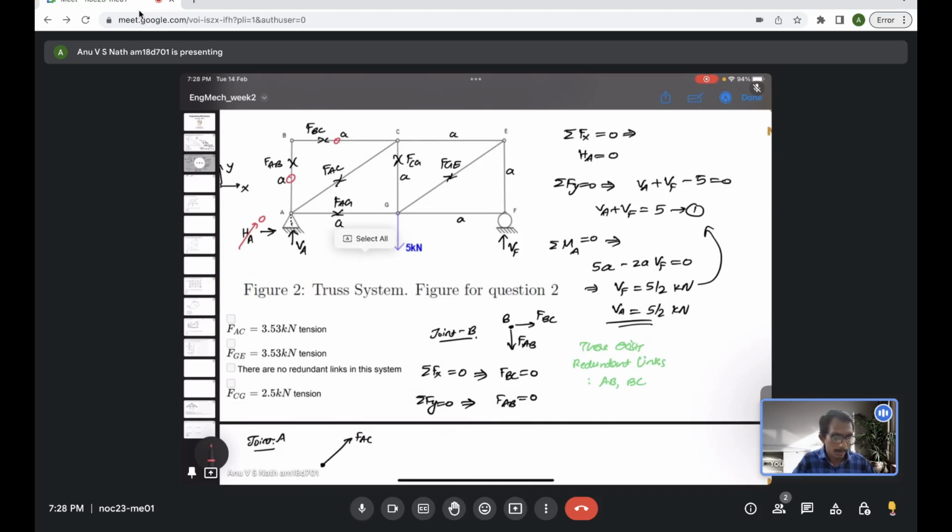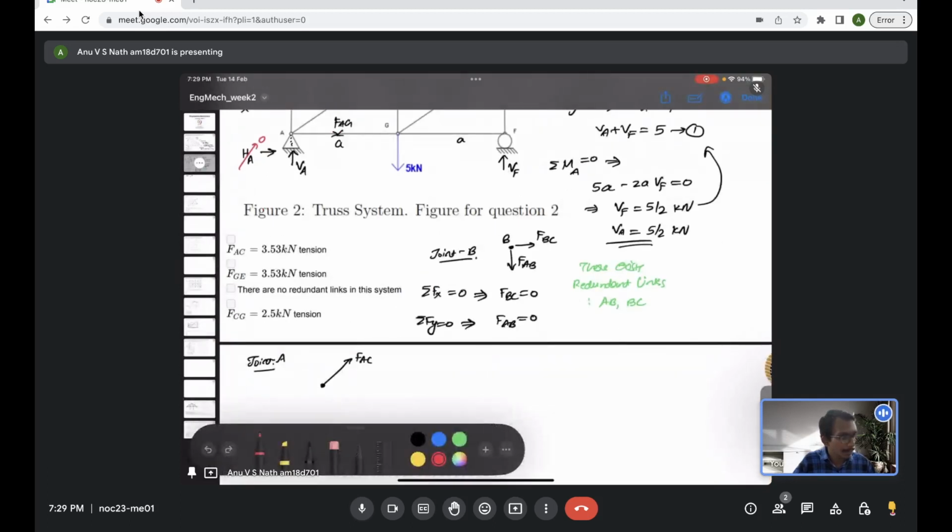So the direction doesn't matter, just follow a single convention. You can mix the conventions for different links. Let's say for AC you choose the tensile representation, you can choose the compressive representation for AB. Just make sure when you take link A, you put the arrow accordingly.